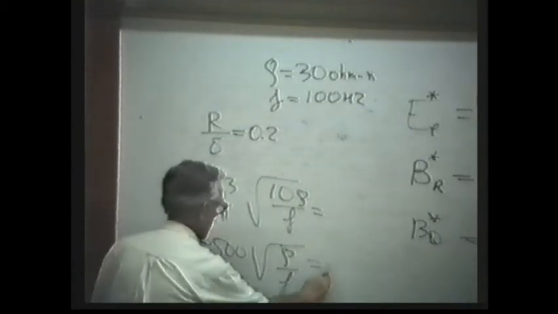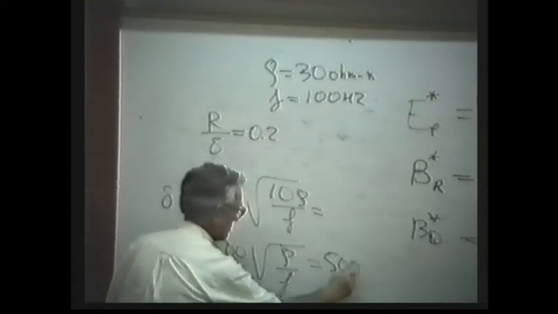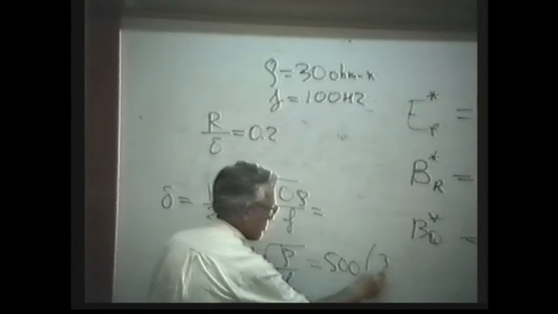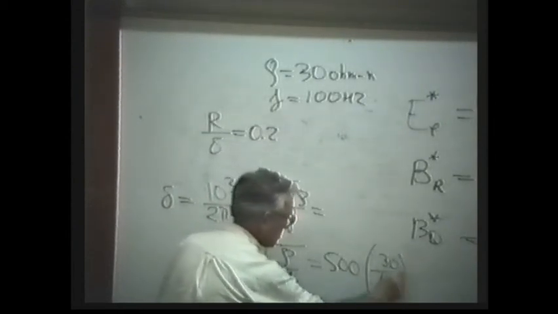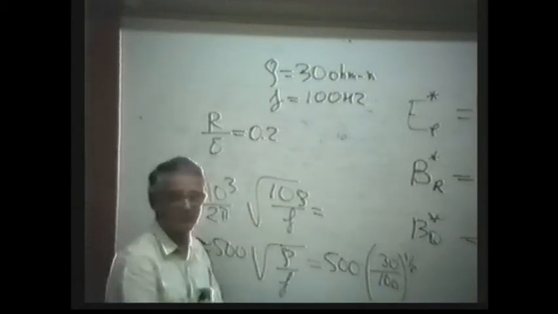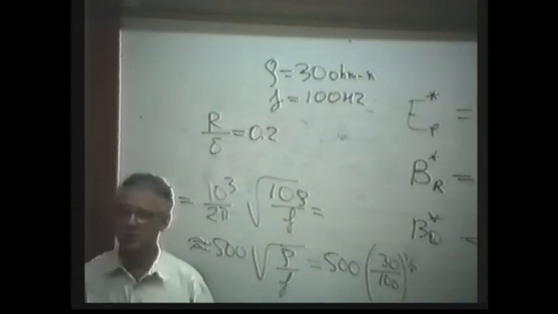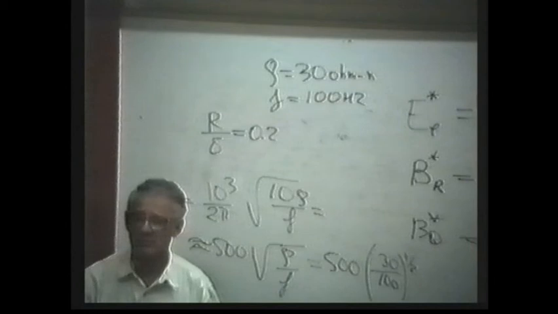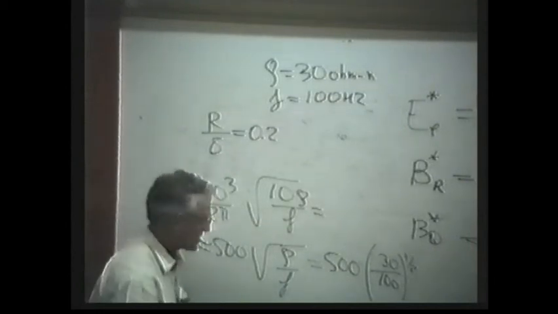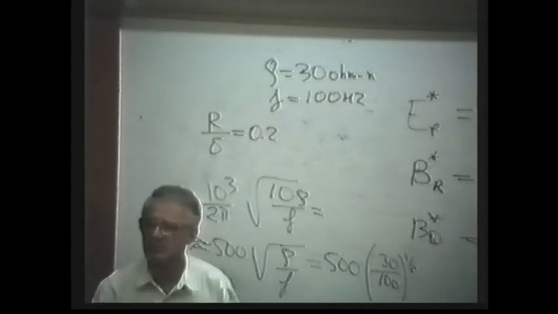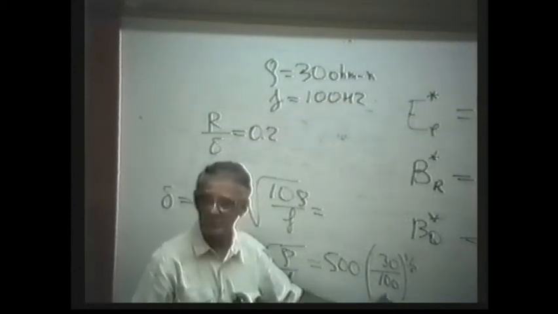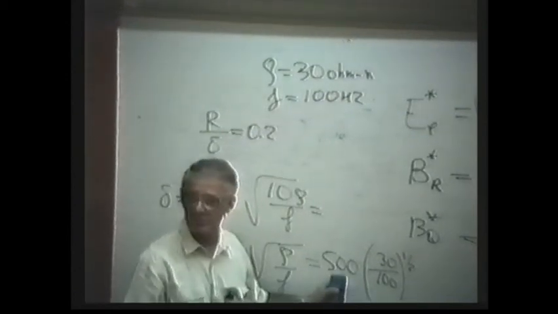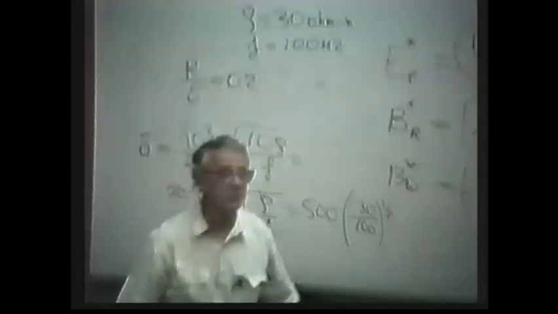What happens? 500 times 30 over 100, power 1/2. Is it true? So what is the result? Can you help me? 1/3, 2, what is the distance?